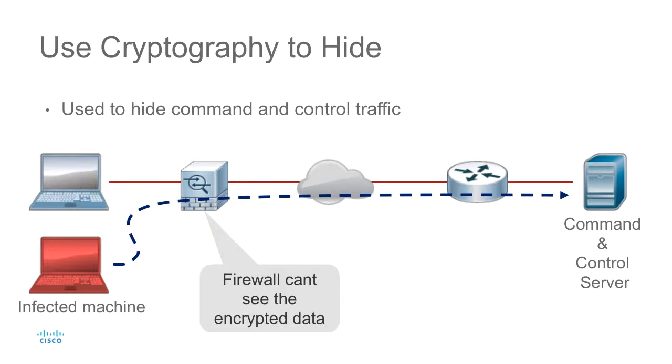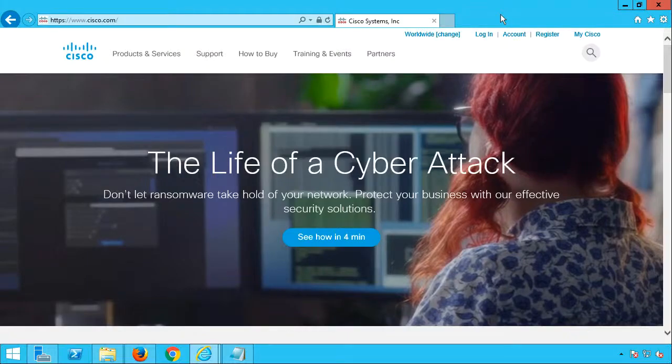Now, one of the fundamentals that you'll need to understand as a security analyst is how to verify a certificate and make sure that it's valid or not. Let's take a look at an example of a valid certificate. Here we are on the Cisco website, and as you can see, we've navigated to the HTTPS site, the secured site.